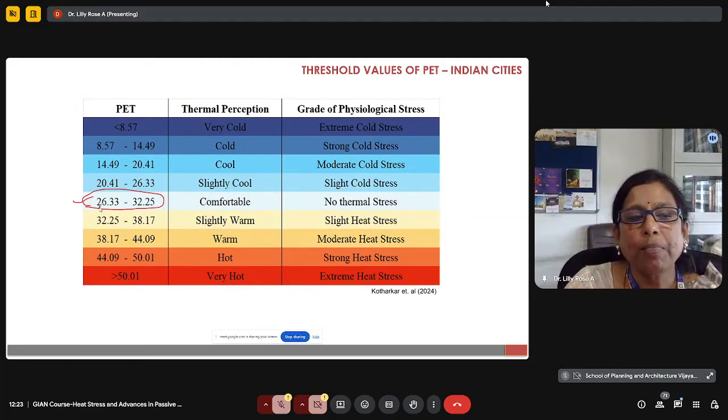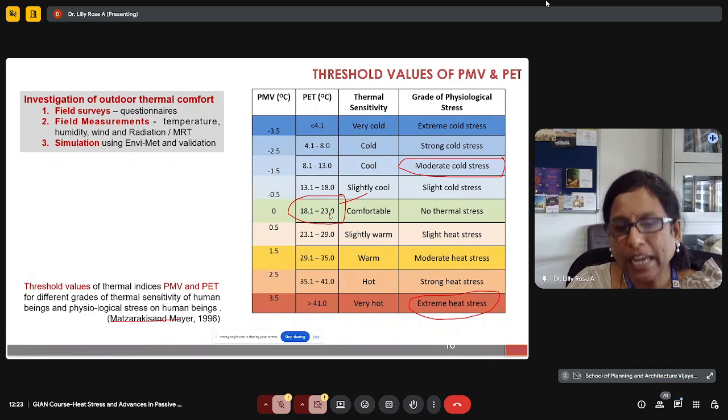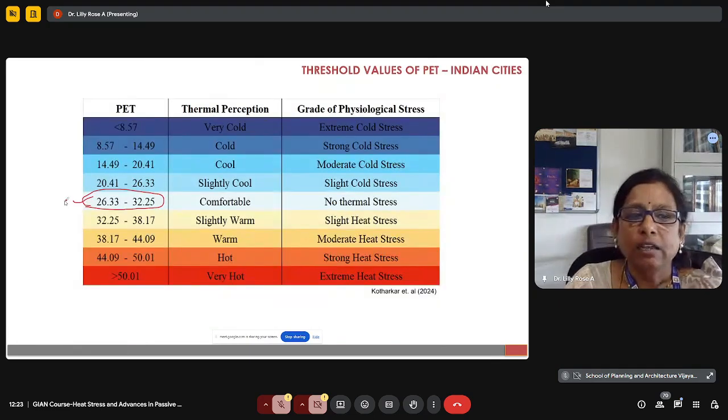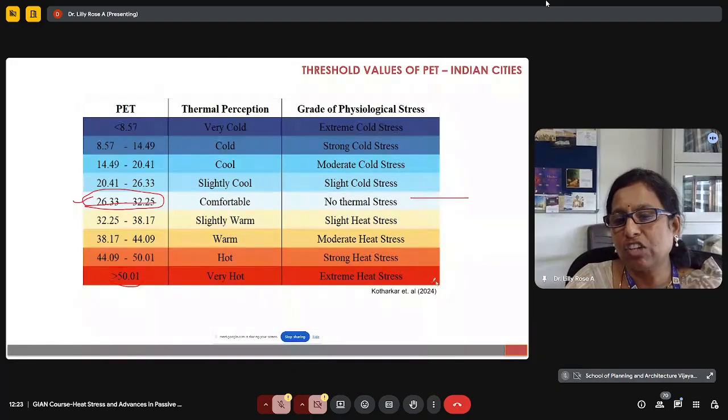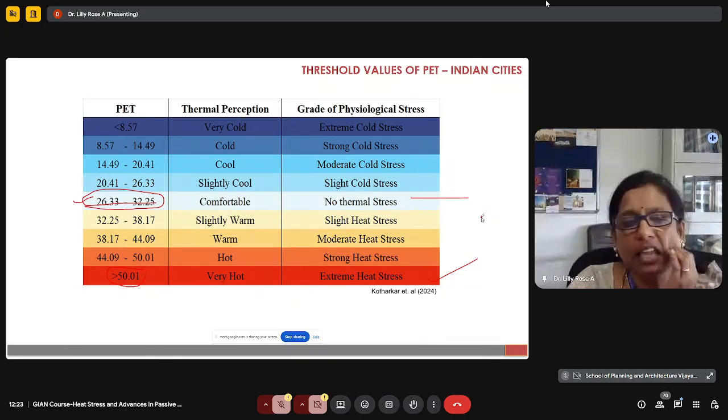In the previous study it ranges from about 18 to 23. Here, they have found that the comfortable range varies between 26 to 30 degrees Celsius, wherein there is no thermal stress. Anything beyond 50 or 51 is termed as extreme heat stress, whereas in other studies in other countries it was only 41 degrees.